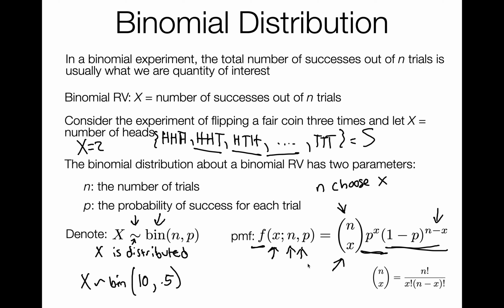So 5 factorial is equal to 5 times 4 times 3 times 2 times 1, all the way down. So that's the binomial distribution.